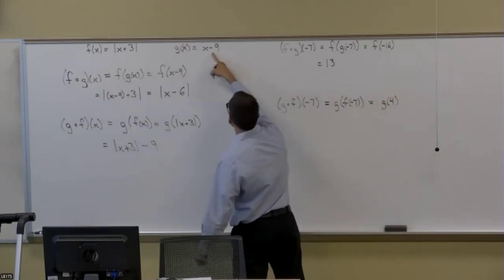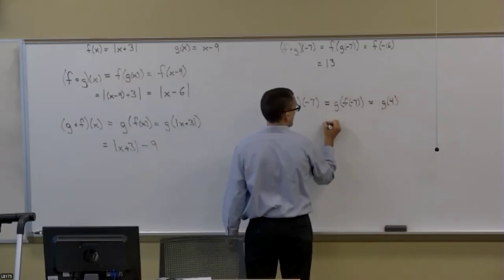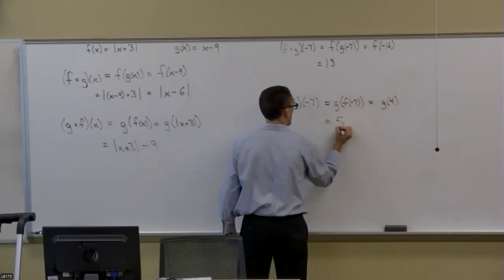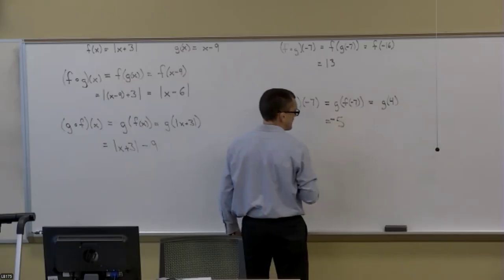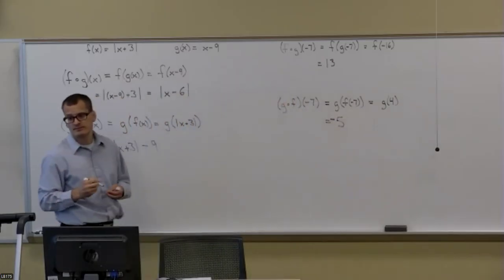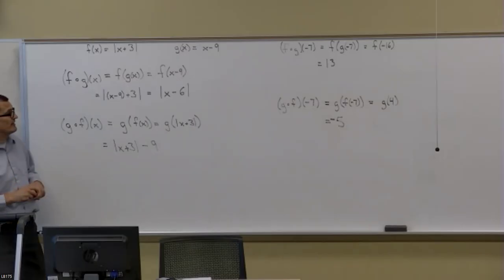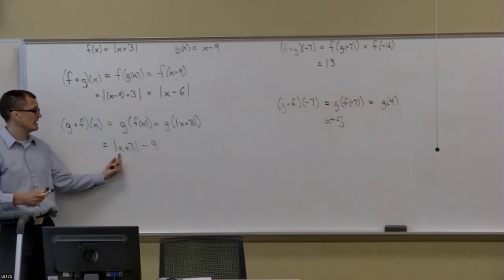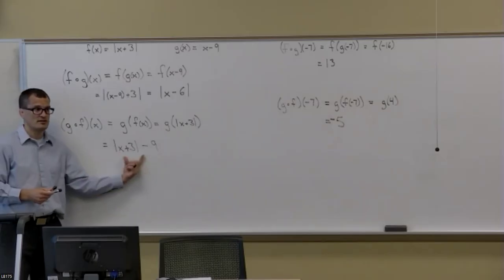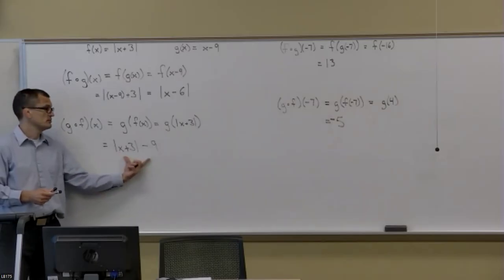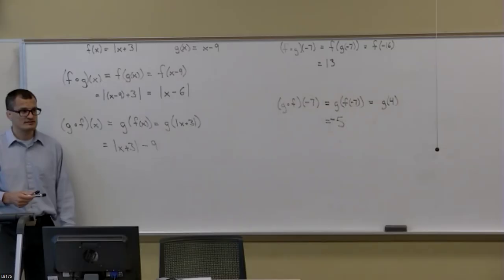And then 4 minus 9 is a -5. And again, if you did that same process, you plug in a -7 into this, got an output, you would also have gotten a -5.